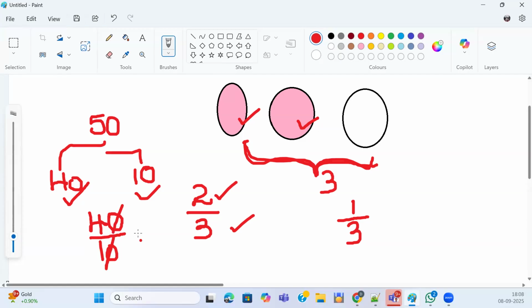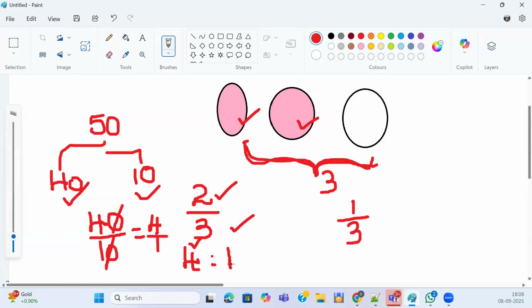So I can cancel this and say 4 by 1. As Akshara said, how can I write this as a ratio? 4 is to 1, which means 4 parts passed and 1 part failed. I'll talk about that later. How do we solve this kind of problems?